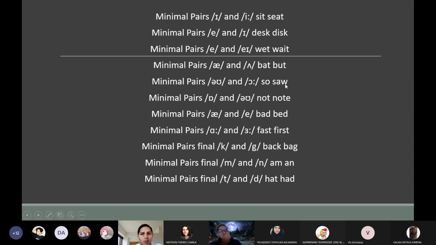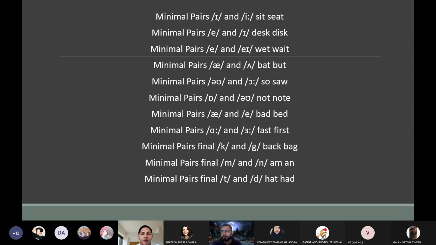So. Not, notes. Bet. Fast, first. This is a consonant sound. Back. And consonant sound. Had, consonant sound.